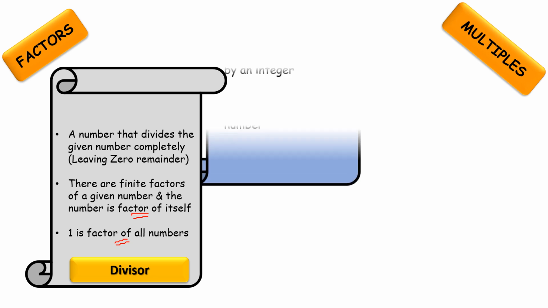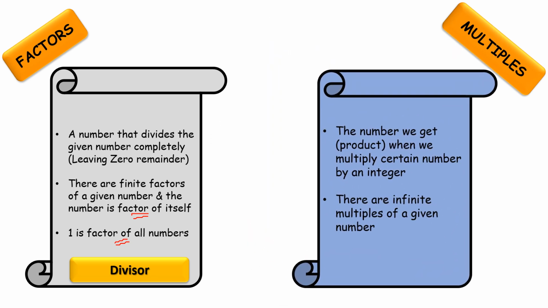And a multiple means the product, right? The number we get when we multiply a certain number by an integer. There are infinite multiples of a given number. Now suppose 16 upon 2. 2 times 8 is 16, right?